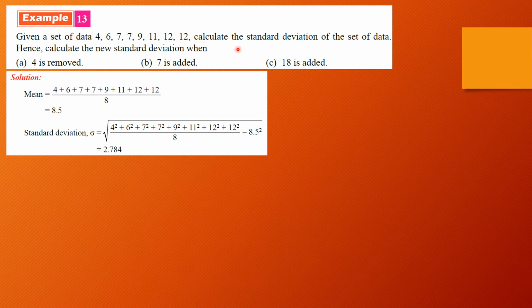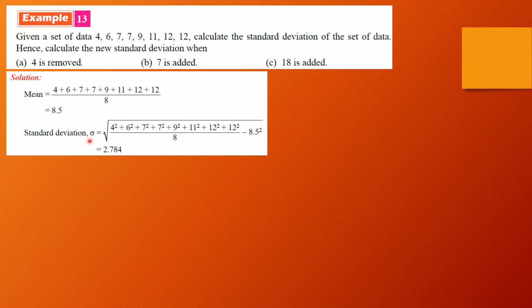In order to calculate the standard deviation, the first step, I hope you all still remember, is to calculate the mean. How to calculate the mean? You add all the values of the data, 4 plus 6 plus 7 plus 7 plus 9 plus 11 plus 12 plus 12, divided by 8. 8 is the number of data, that means you have 8 values here. So you will get 8.5.